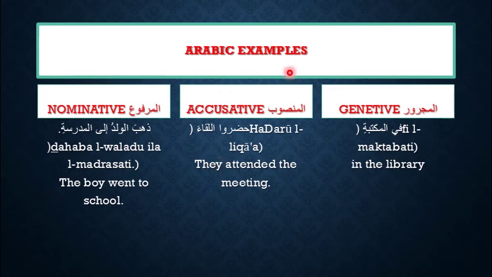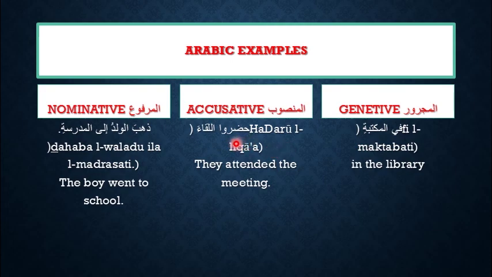The accusative case or المنصوب or حالة النصب, right? Here you know that the most famous example is المفعول به, right? Though there are other functions that have the accusative case, let's have the object as an example here as a model.